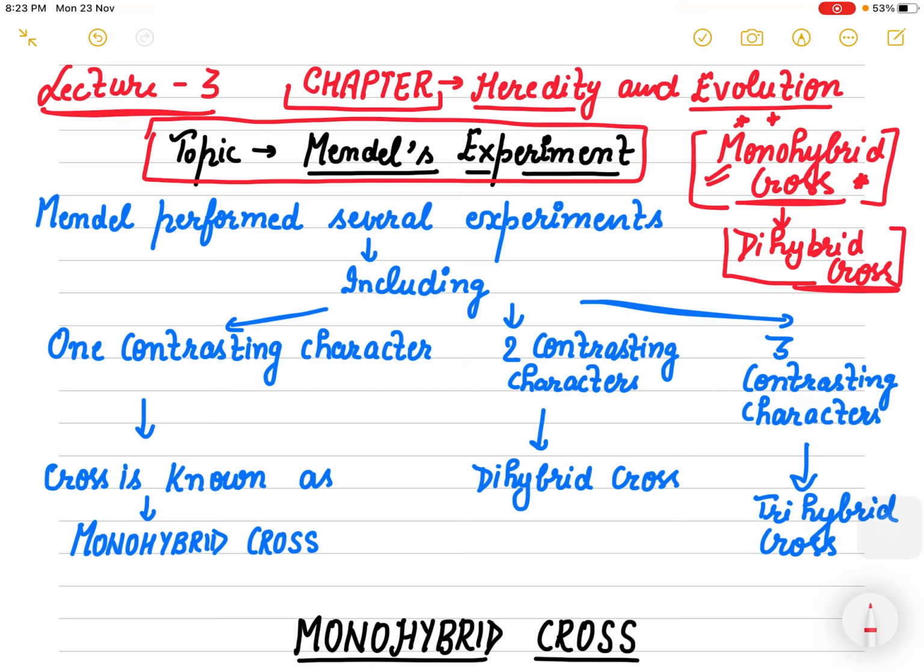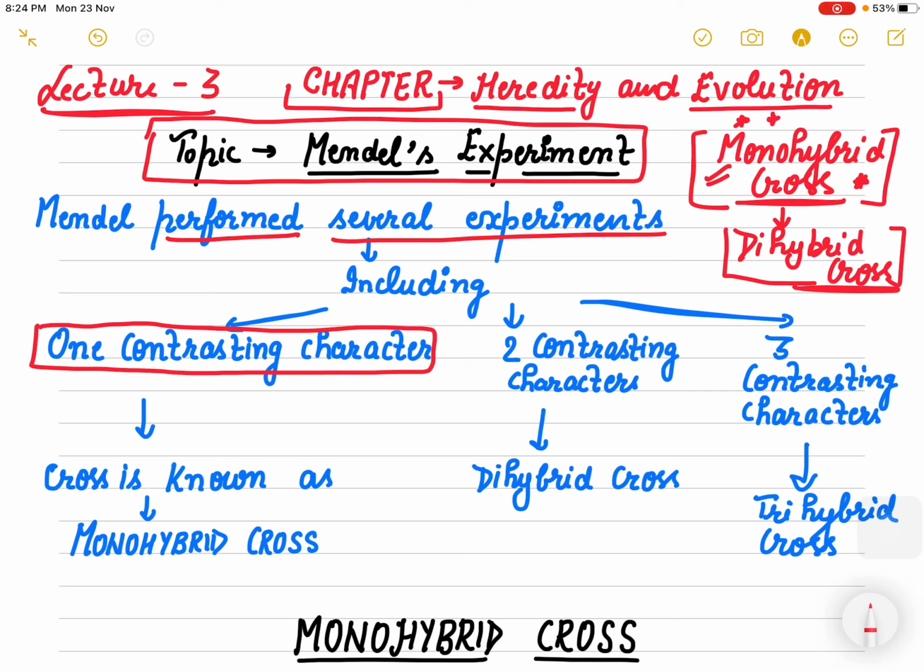What actually did Mendel do? Mendel performed several experiments. He worked for many years and performed lots of experiments. He studied one contrasting character also.